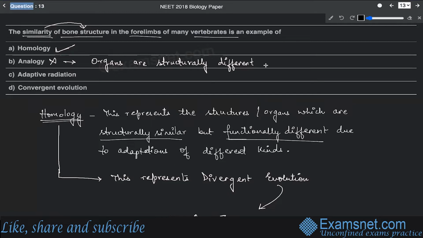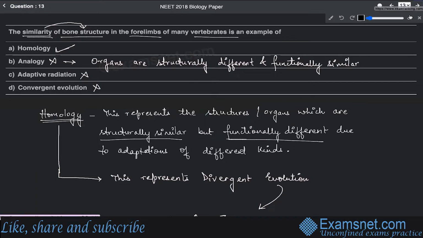Structurally different and functionally similar. So again, this is not an option. Adaptive radiation is an entirely different concept, so that cannot be there, and convergent evolution cannot be there. All right, so that's why the correct answer is option A.